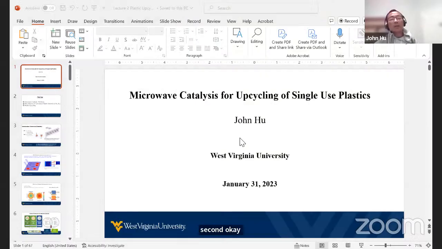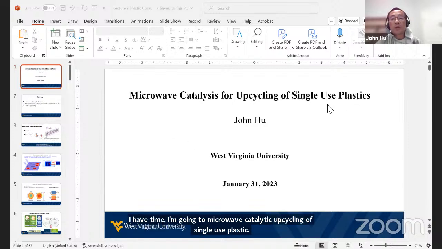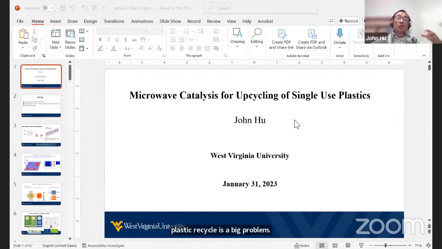Okay. Another topic, if I have time, is microwave catalytic upcycling of single-use plastic. Plastic recycling is a big problem, but plastic upcycling is another matter. Basically, we turn waste plastic into hydrogen, and of course, that hydrogen can be used for ammonia. We also turn the single-use waste plastic into monomers and hydrogen.